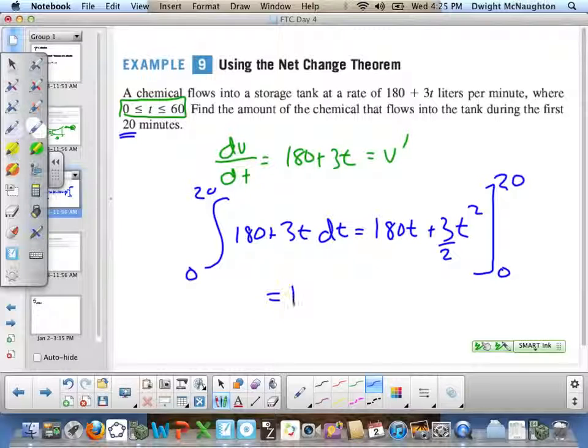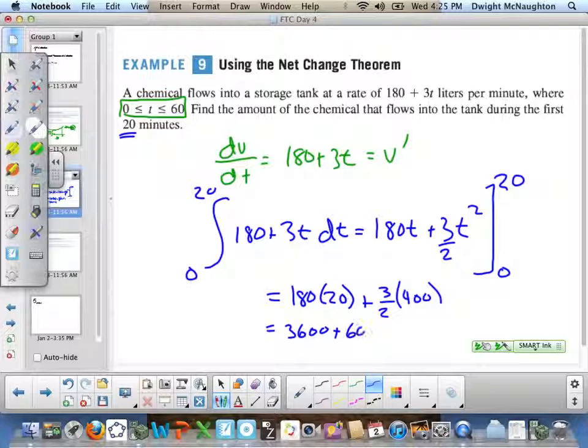And there we have 180 times 20 plus 3 halves of 20 squared minus, if I plug in 0, everything becomes 0. 180 times 20 is 3,600 plus 3 halves of 400, which is 600.